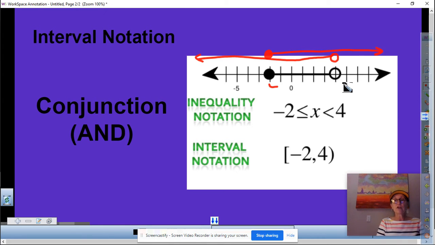With interval notation, we're going to show that this space stops dead at -2, and it includes -2. So I use a bracket. The bracket and the -2 tell us I'm starting at -2 and I include -2. And then we put a comma. Then we notice that it goes all the way up to 4, so we put the 4, but it does not actually include 4, so I use the parenthesis. All right, so that's a conjunction with the and statement.